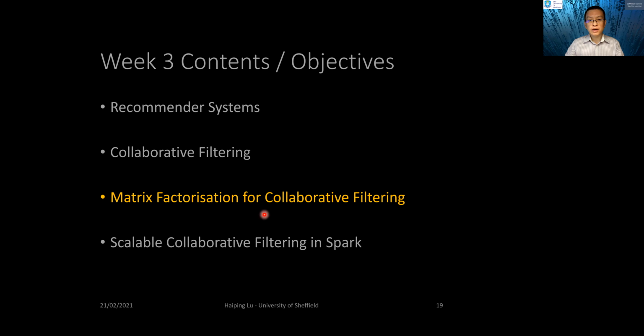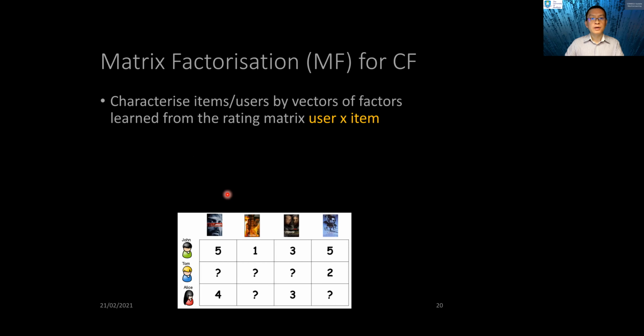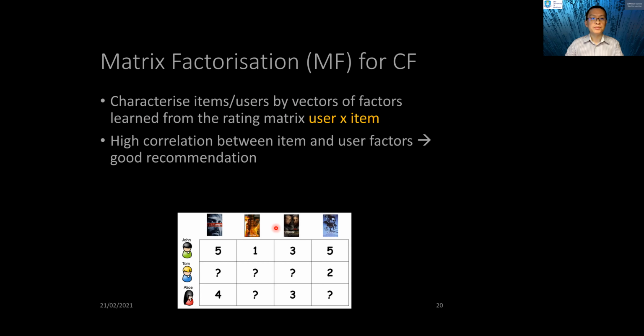Let's now take a look at how to do collaborative filtering using matrix factorization. In the matrix factorization approach, we aim to characterize the items and users using vectors of factors learned from the rating matrix.